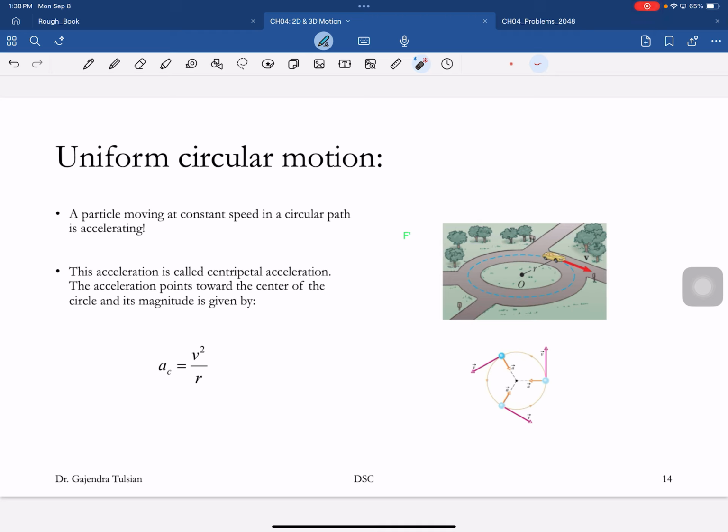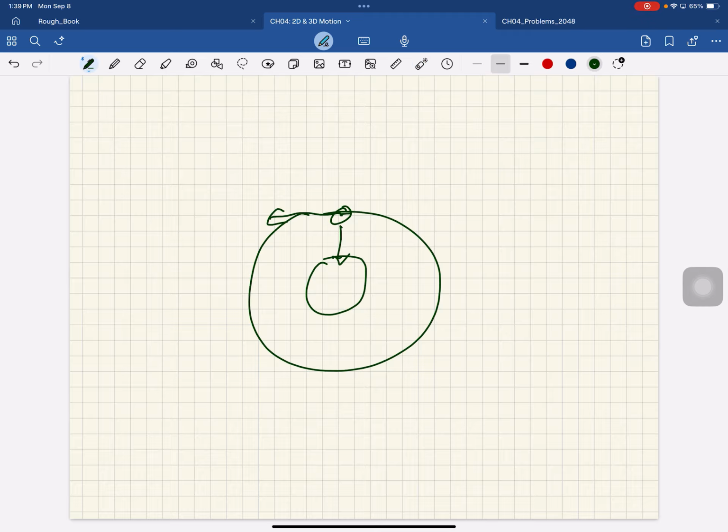To make a turn, you have to have your skates at an angle so you can have a centripetal force. If you didn't have any friction, you couldn't go in a circle.